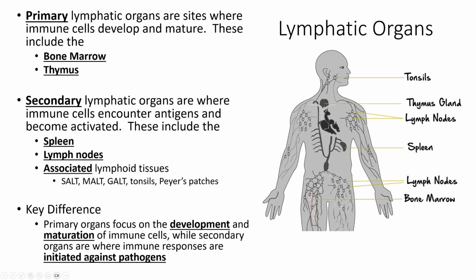So develop and mature them, send them out into the body, and wait for an immune reaction to occur in the secondary organs. And that's why you tend to see so many specific associated lymphoid tissues that each have their own place in the body. Lymph nodes are also all throughout the body, because in any area of the body a microbe could come in. So you have all these different areas where they're sitting and waiting for that reaction to occur.